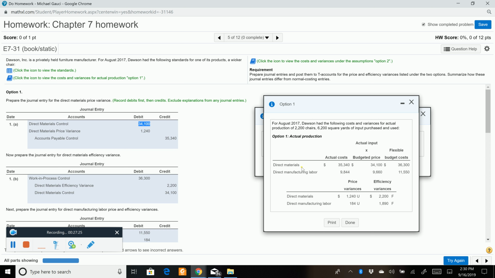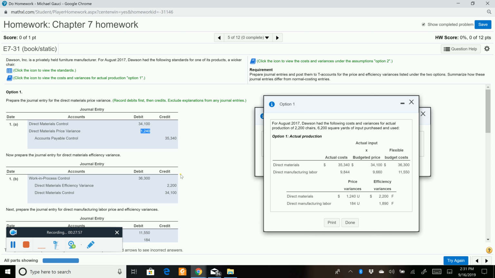So the actual quantity purchased or used, in this case the same as purchased, times the standard price, and I'm highlighting the number over here, 34,100. The difference between the two is your price variance, and that'll be recorded as a debit. All right, you can see unfavorable variances always have a debit balance. In this case, the unfavorable variance has a debit balance.